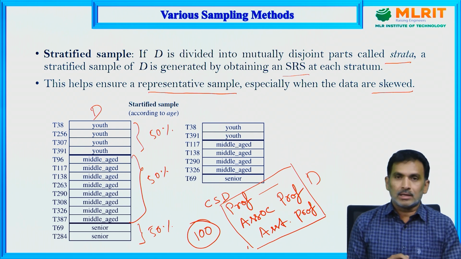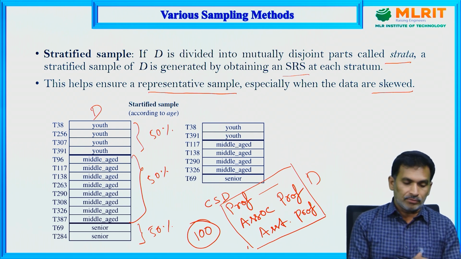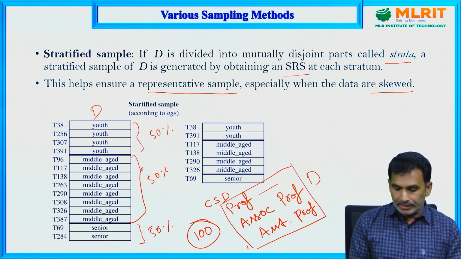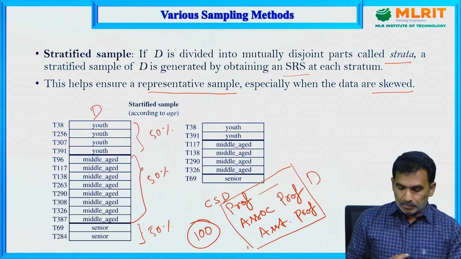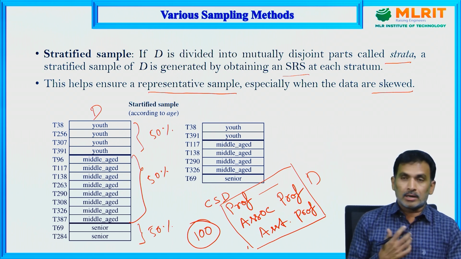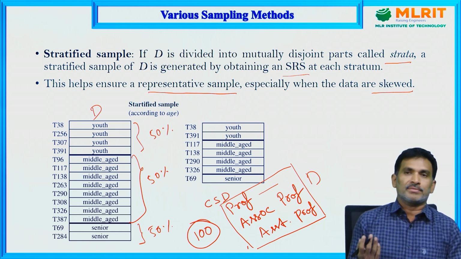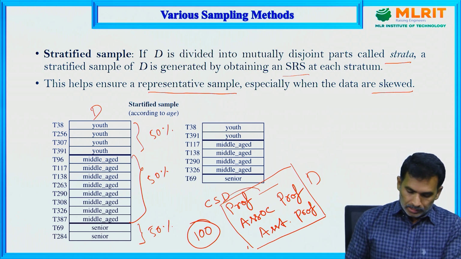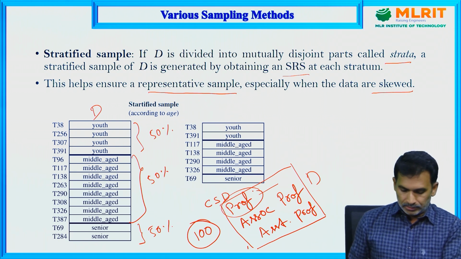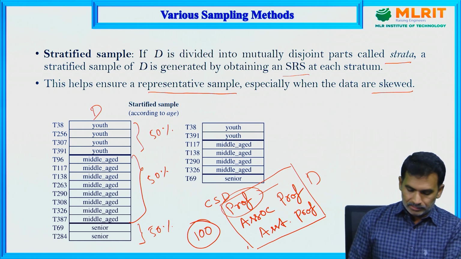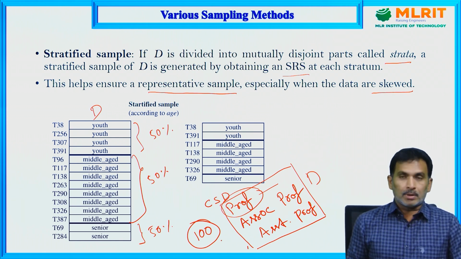If you select the samples randomly, following either the first or the second approach, with or without replacement, then there is a possibility that a sample would have most of the members as professors, or most as associate professors. So that's why in this case we have to group, and the stratified sample or the cluster sample would be the more useful sampling method to select the sample from this 100 member population.